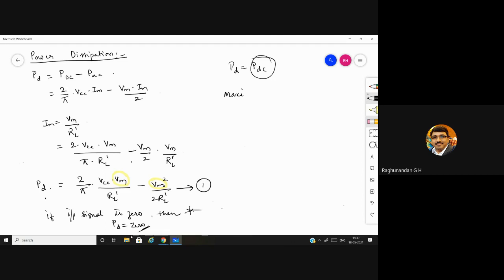Only during that time is it going to dissipate. But in our previous system, even though your AC signal is 0, it was dissipating heat. That means even the DC signal, which is given just to shift the operating point, was utilized to dissipate the energy in the form of heat. So that was a disadvantage there.